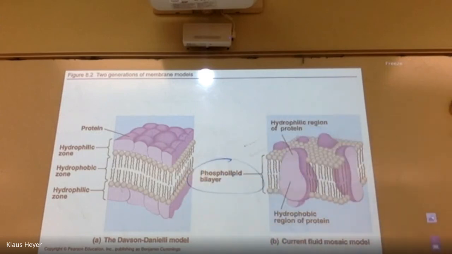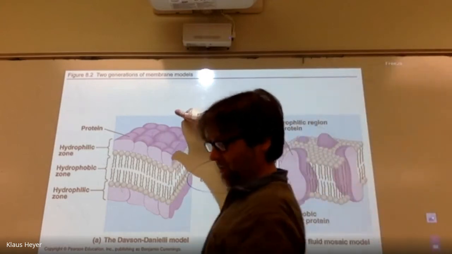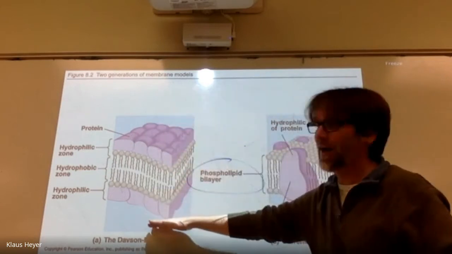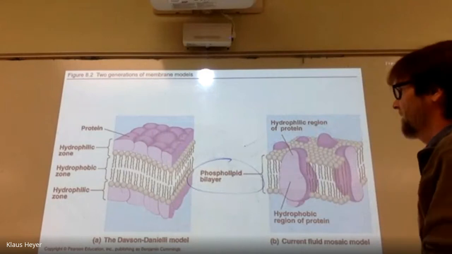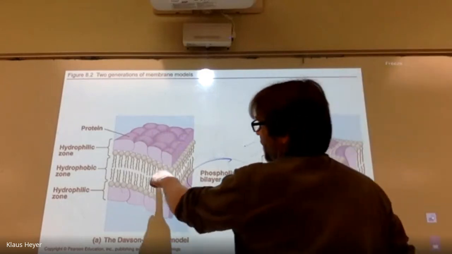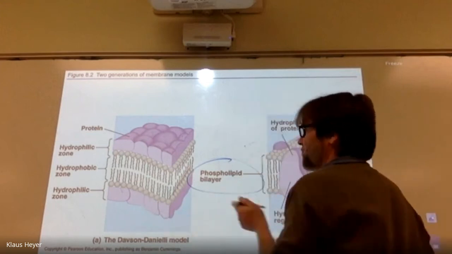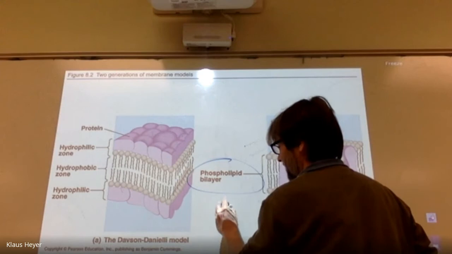Phospholipid bilayer. So pretend that on this side where it's blue, that's everything inside the cell, and this would be everything outside the cell, or vice versa. Inside, outside. Don't worry about the purple things just yet, but that's a symbol for phospholipid, like that.